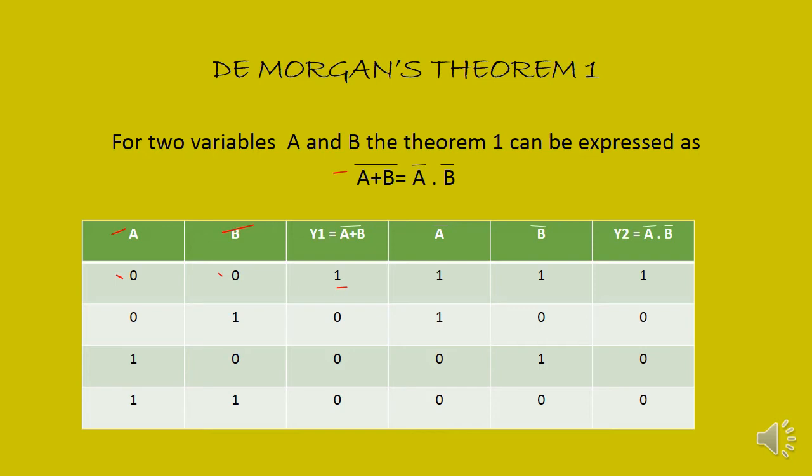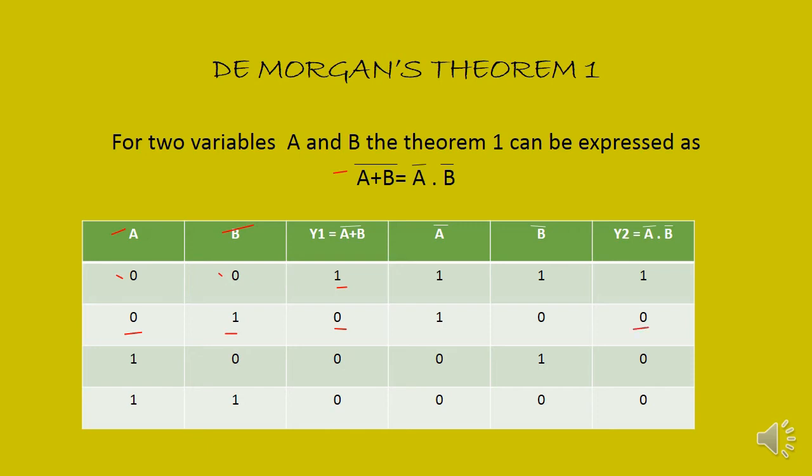A is 0, so A bar is 1; B is 0, so B bar is 1. So 1 dot 1, we get Y2 is 1. Second condition, when A is 0, B is 1: 0 or 1 means 1, the complement of 1 is 0, so Y1 equals 0. A bar is 1, B is 1 so B bar is 0. So 1 dot 0, we get Y2 is 0 output.